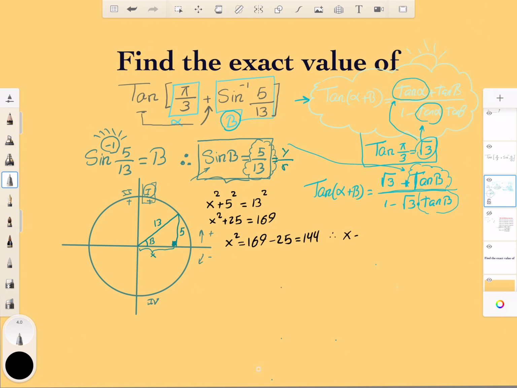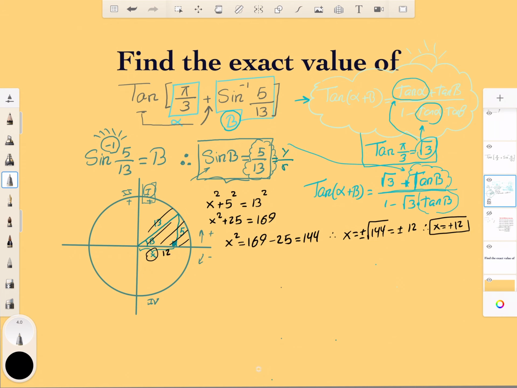From here, x equals plus or minus radical 144, which equals plus or minus 12. Because we are in quadrant 1, our x is positive, therefore x should be positive 12.